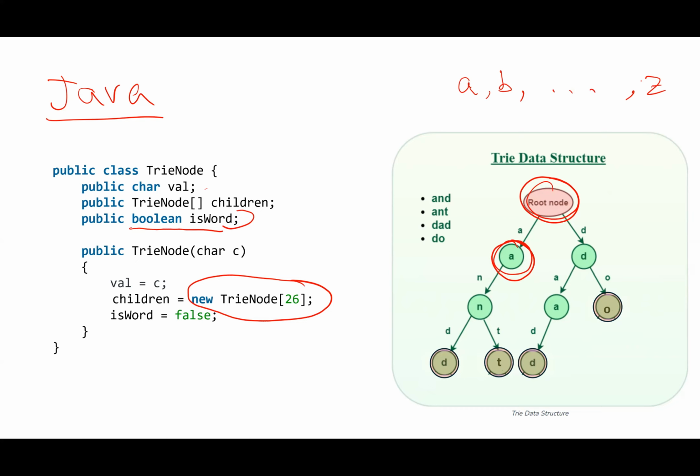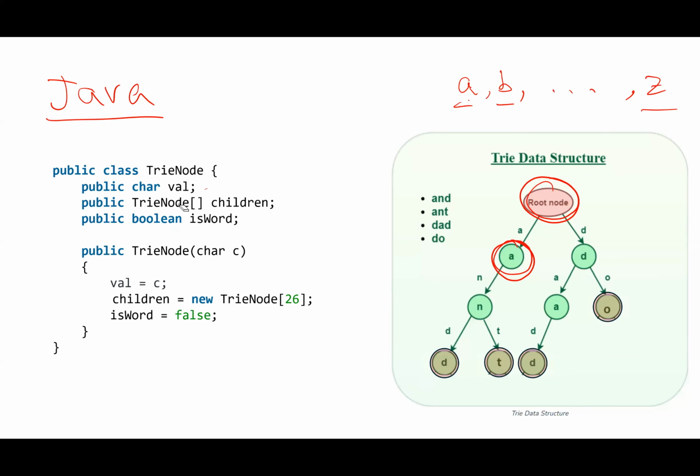So assuming that there are a maximum of 26 letters in my dictionary or string, all of them small caps, we are saying that each node has 26 children, each of the children representing one small cap character. But if my string can contain other symbols and other things, in that case the number of children might be more, 128 or 256.